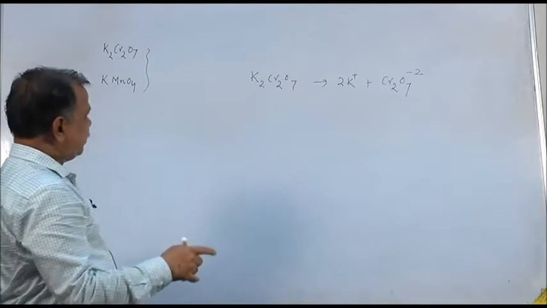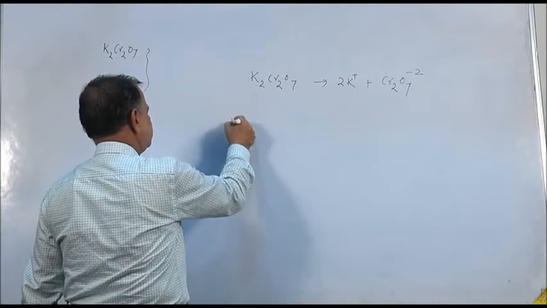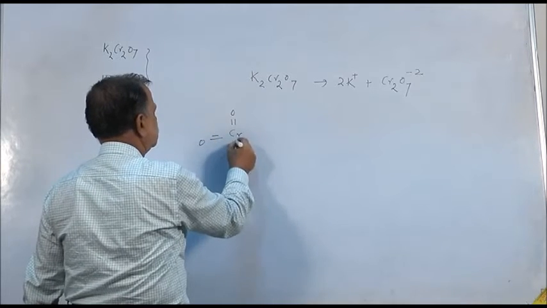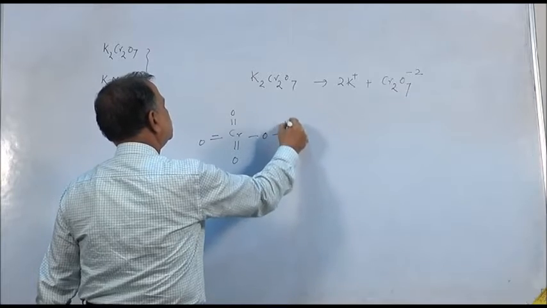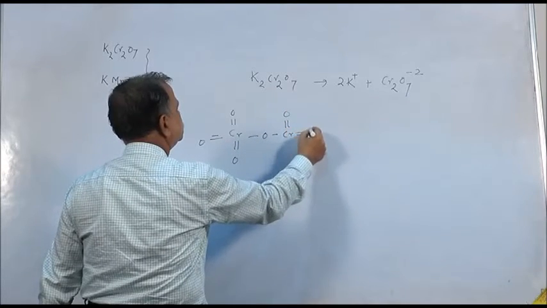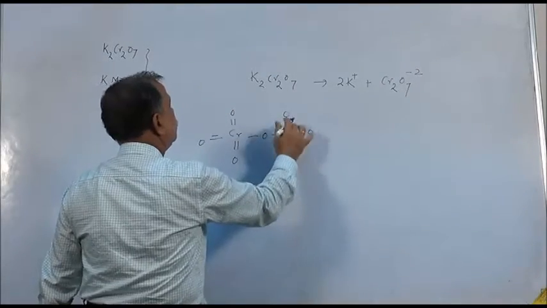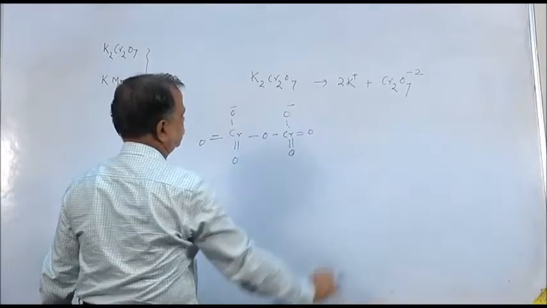In the last class, I have told you the structure is like this. See here. O, one bond is there, here is one O, minus and minus.